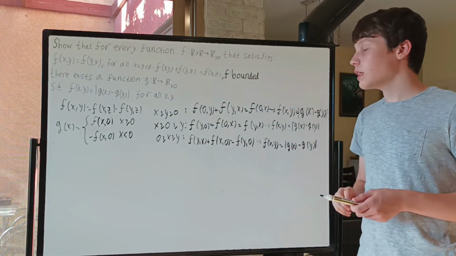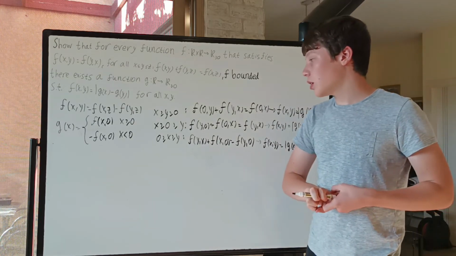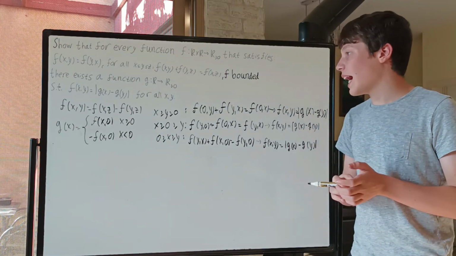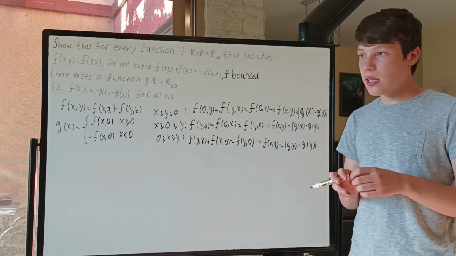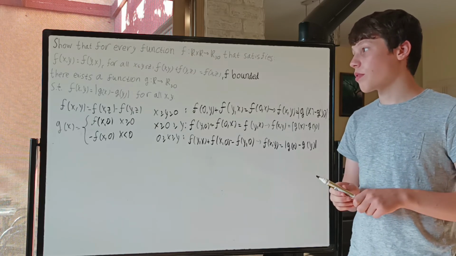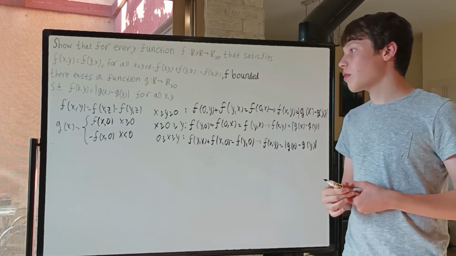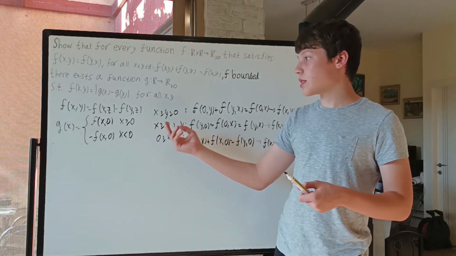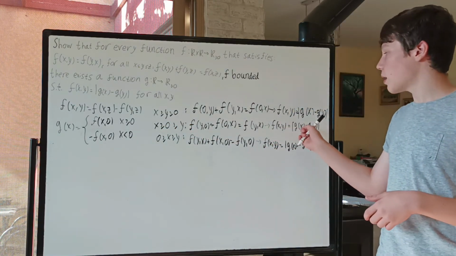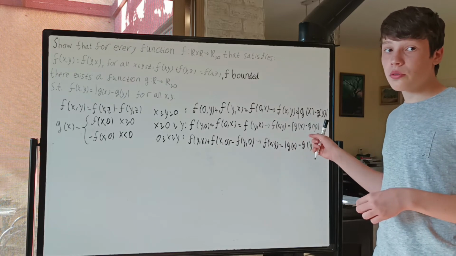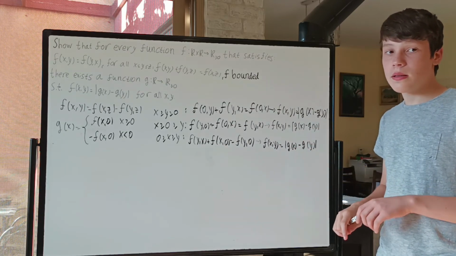Now, I should still look at the case if x was smaller than y, just to make sure that it works. If x was smaller than y, then they would flip positions here. So I'd have f of y comma x is equal to the absolute value of g of y minus g of x.